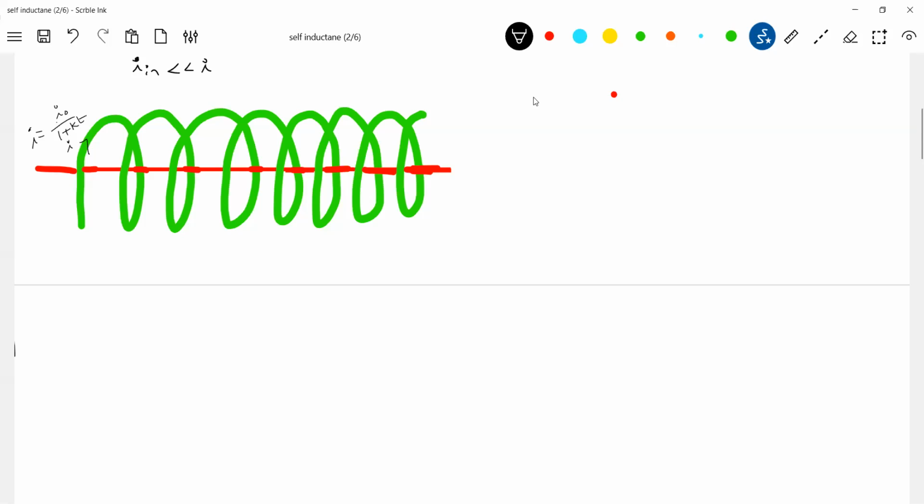Now according to magnetism, how the lines of force should be, and how the magnetic field will be towards left.